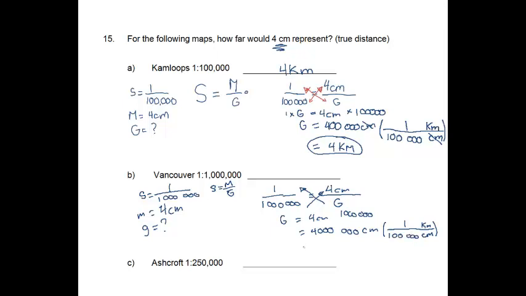So I have to plug into my calculator 4 million times 1 divided by 100,000. And I'm going to do it by canceling out zeros because I don't have a calculator with me here. I cancel out 5 zeros, and that leaves me with 40 kilometers. So my answer is going to be 40 kilometers.